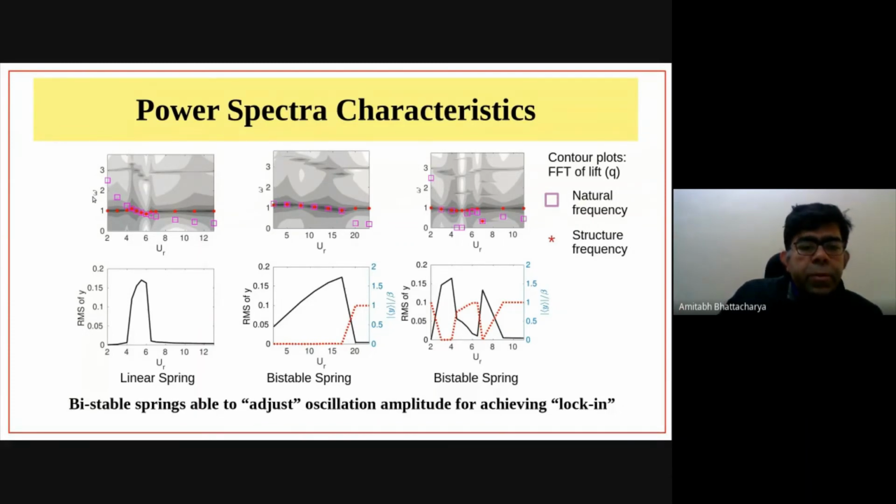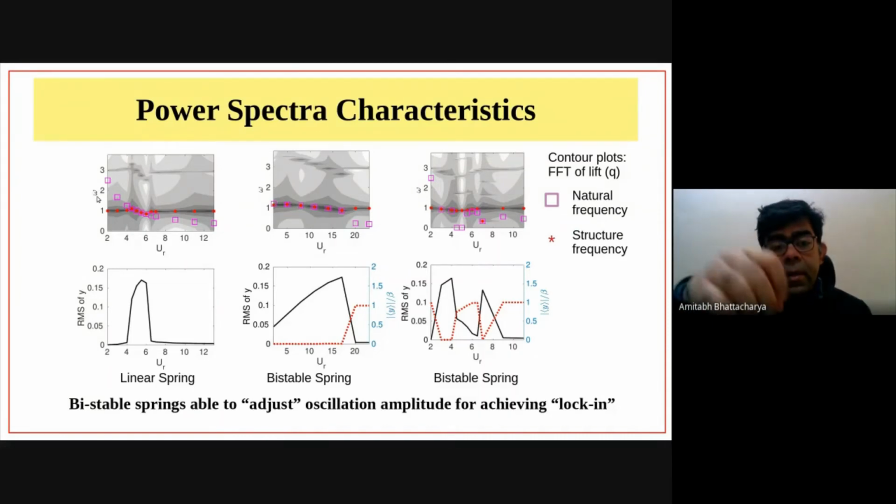By the way, this omega represents the natural frequency of the oscillation. Sorry, my bad: the contour plot is in fact the FFT of the lift force, and these boxes are the natural frequency of the spring.